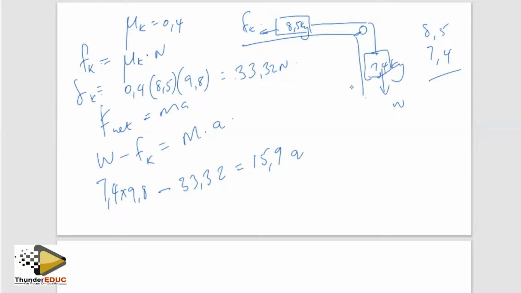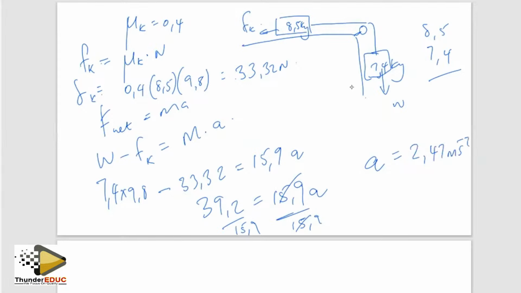I'm getting 39.2 here is equal to 15.9A. Then divide both sides by 15.9. Okay, that cancels that. So our acceleration becomes 2.06, which I'll just round off to 2.47 meters per second squared.